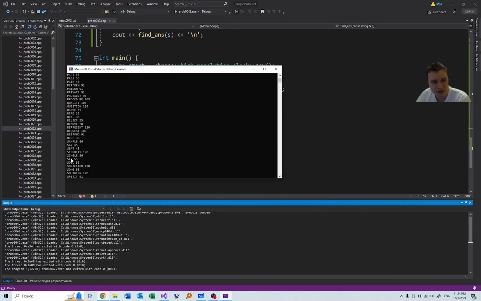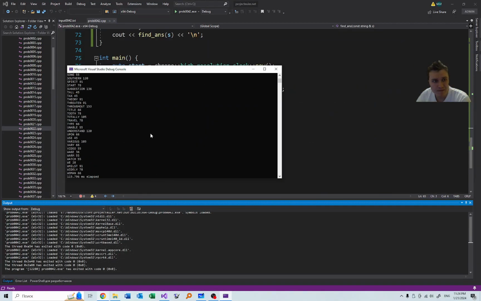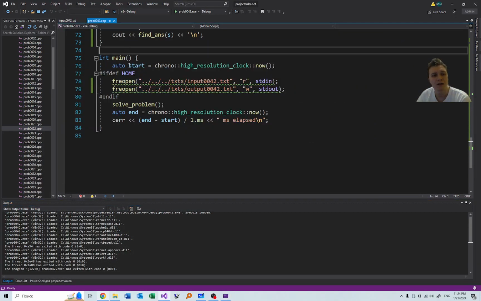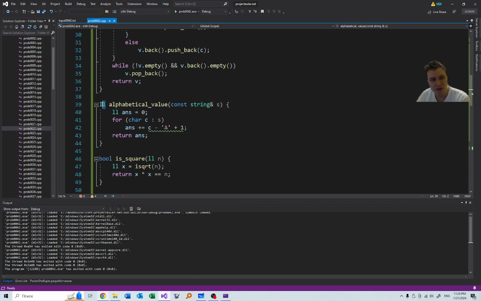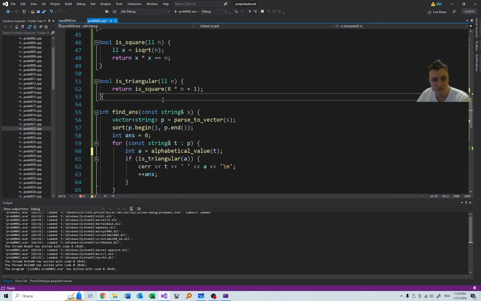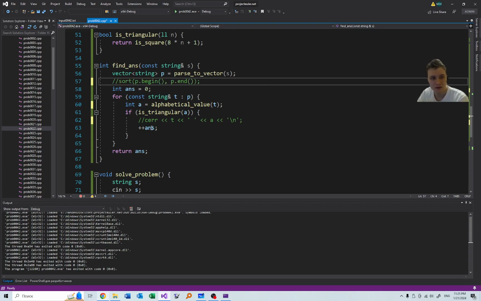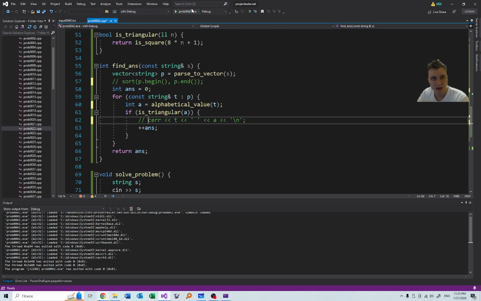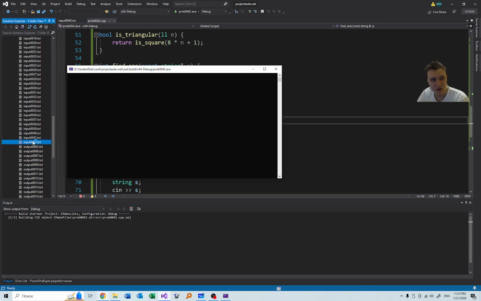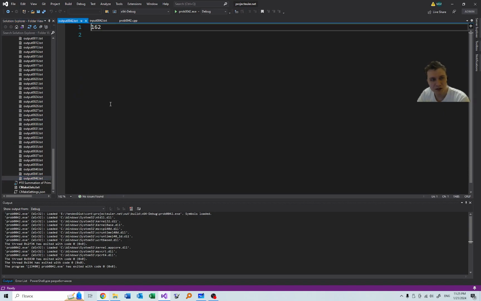That sky is indeed, yes, it is triangular. It seems because I was wrong about what is a triangular number and what is alphabetical number. Indeed, int is enough. Okay, let's remove it and remove it. And we get the answer, which is 162.